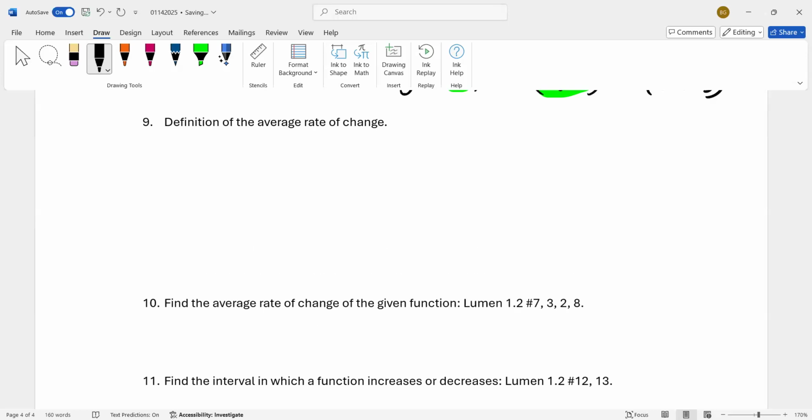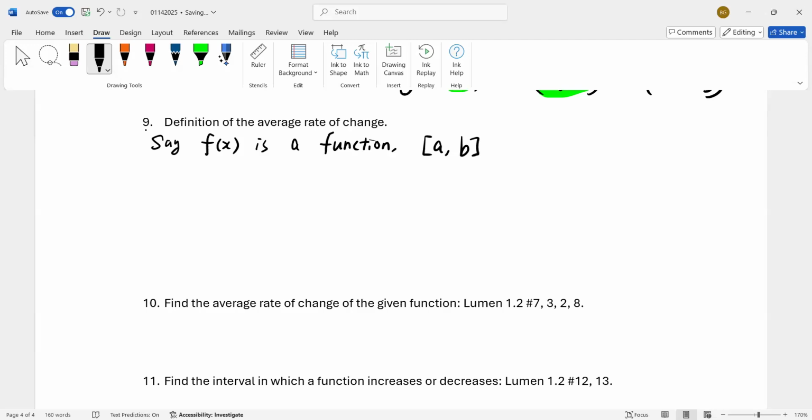Let's say f of x is a function. A comma b. This is an interval. This is a closed interval.